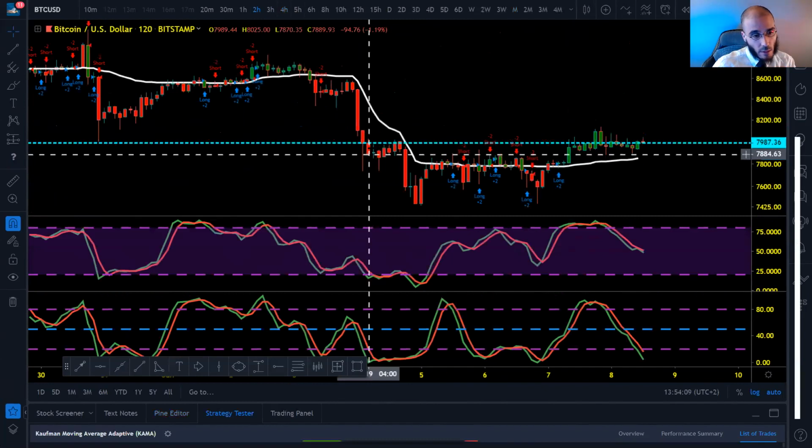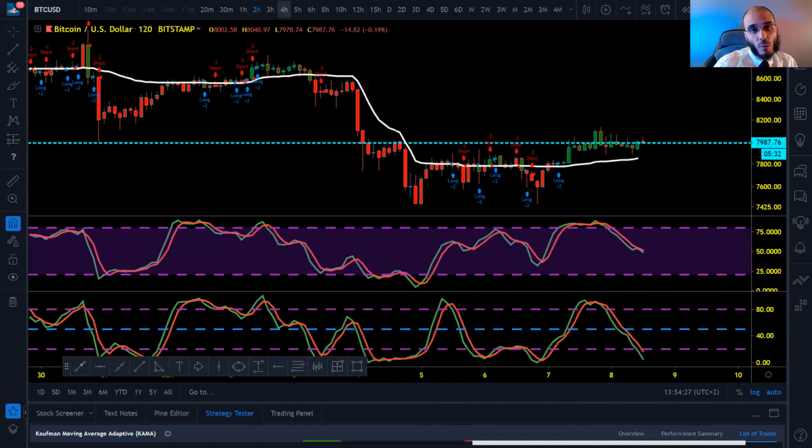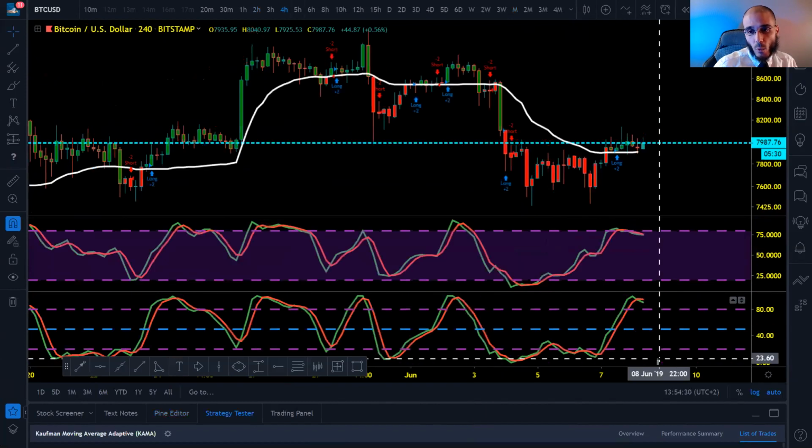Stochastic is negative on the 2-hour. It was positive yesterday, but today is not such a good day. Today, slightly worse. We are negative on the 2-hour. 4-hour, let's see, was positive yesterday, and today we are negative.